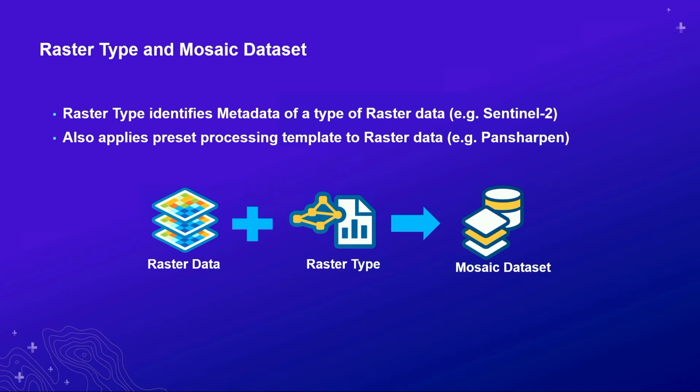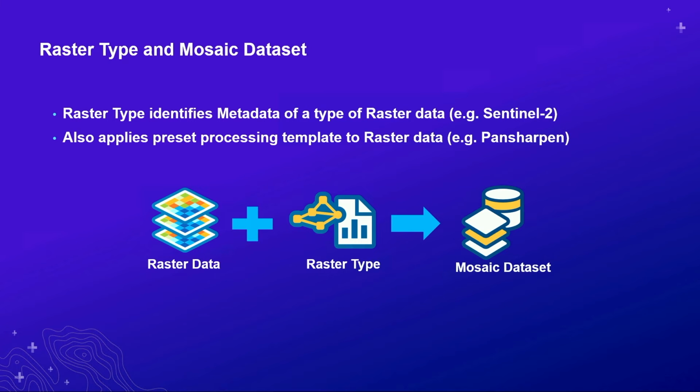The raster type is basically something that identifies the metadata of a type of raster data. For example, Sentinel-2. You have to use the appropriate raster type in order to add a particular type of data into the Mosaic dataset.